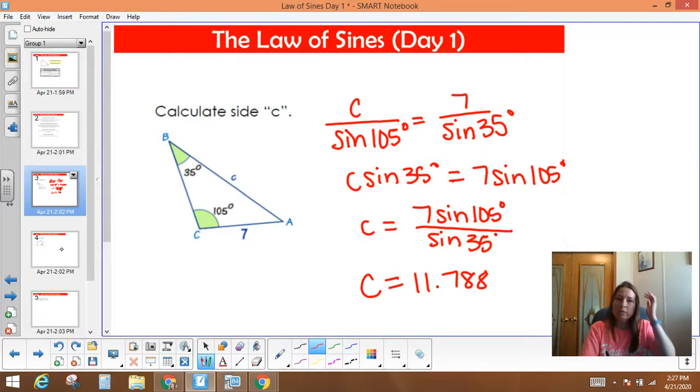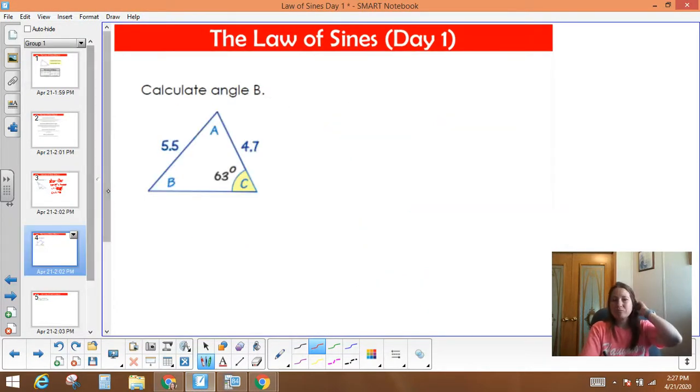All right, so next example, we're going to find angle B. If we set it up the way that I generally do, I just always remember the formula the same way. If you want to set it up the other way, that's fine.